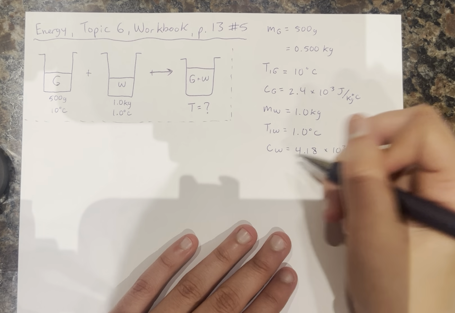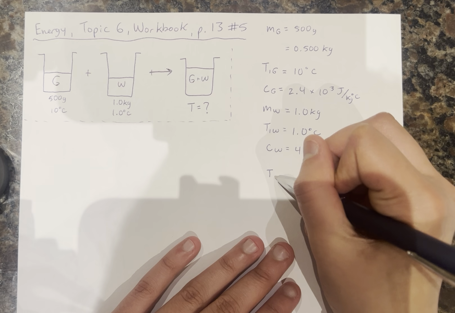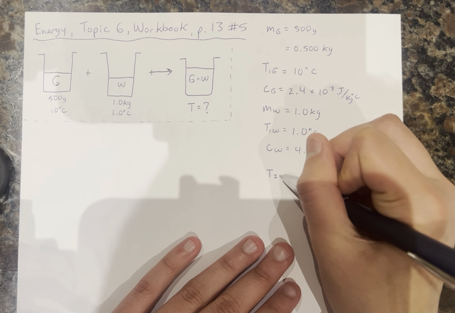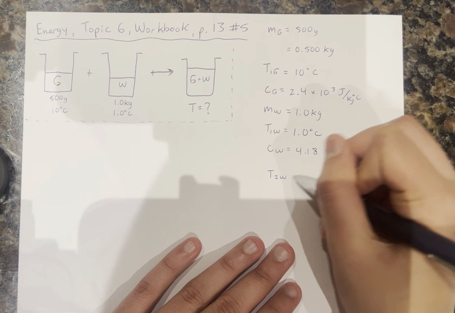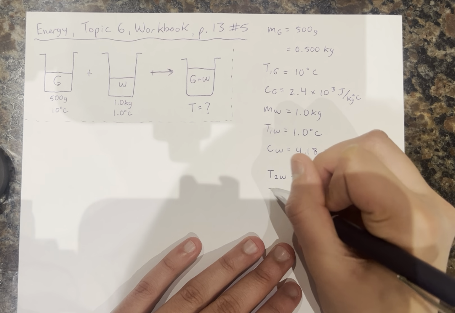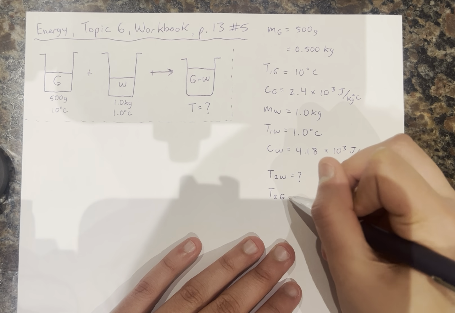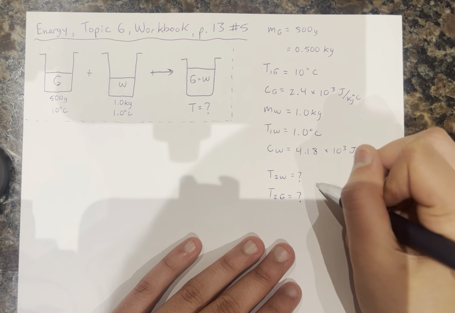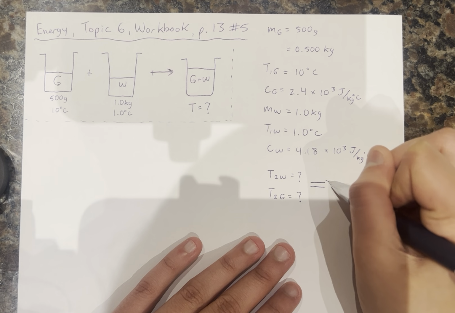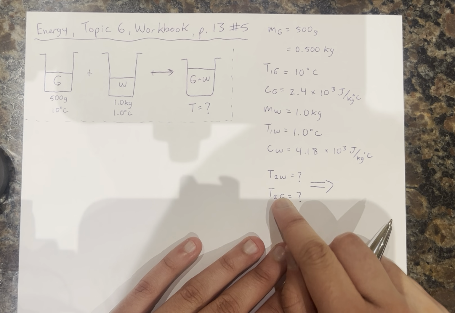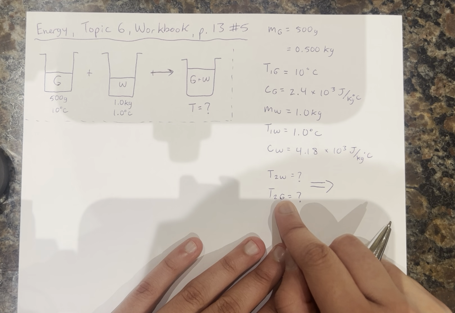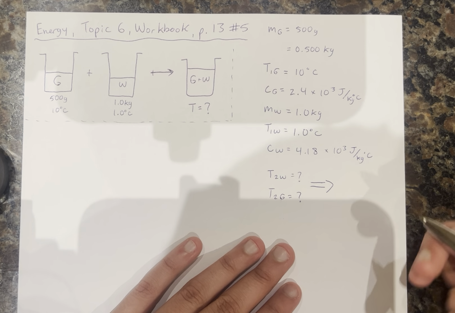And now what we're really trying to solve for here is the final temperature of the water, and the final temperature of the glycerin. But if you really think about it, the final temperature of the water and the final temperature of the glycerin are going to be the same.